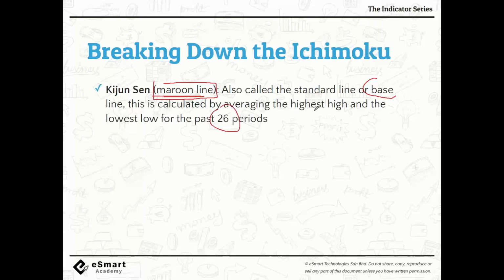Because previously this was used mainly to trade rice trends in Japan, seasonality periods and things like that, so it's actually using 26 days. But with today's technology, we can look at a 4-hour chart or intraday chart. Doesn't matter, you are still able to apply it. So the first one is the Kijun Sen, called the baseline.